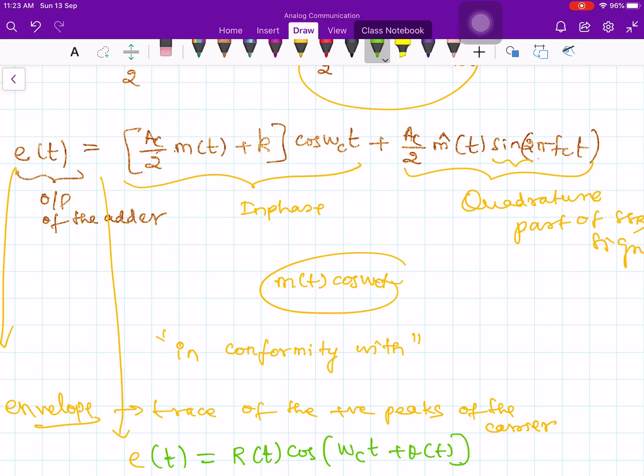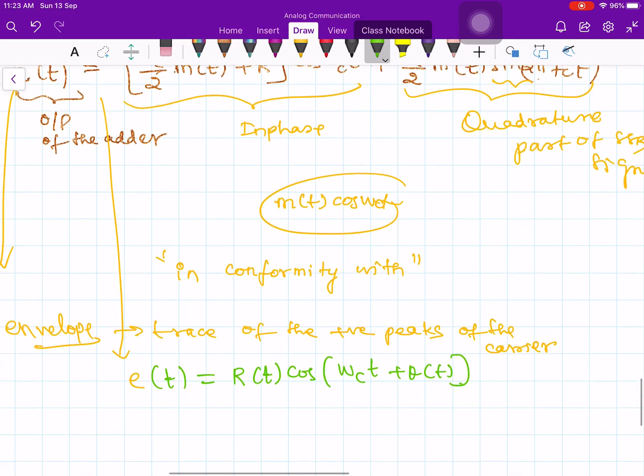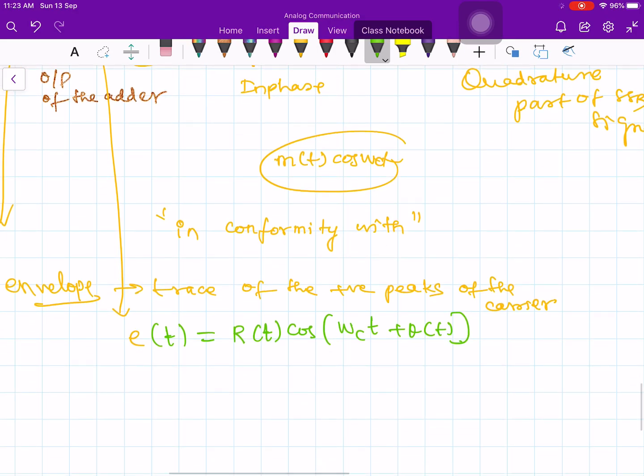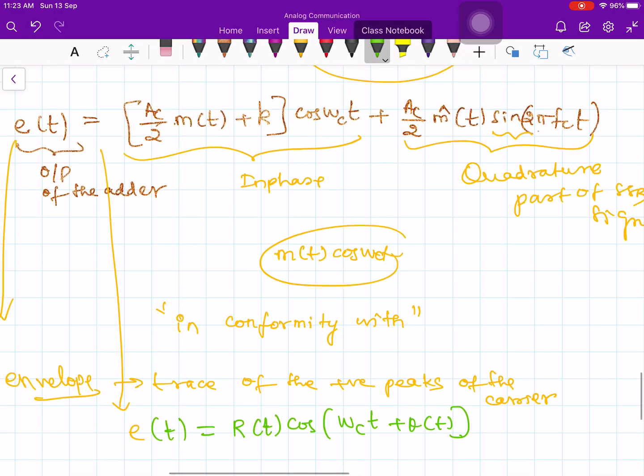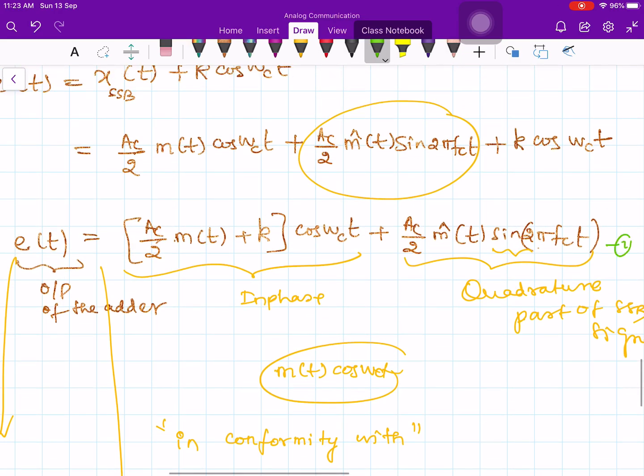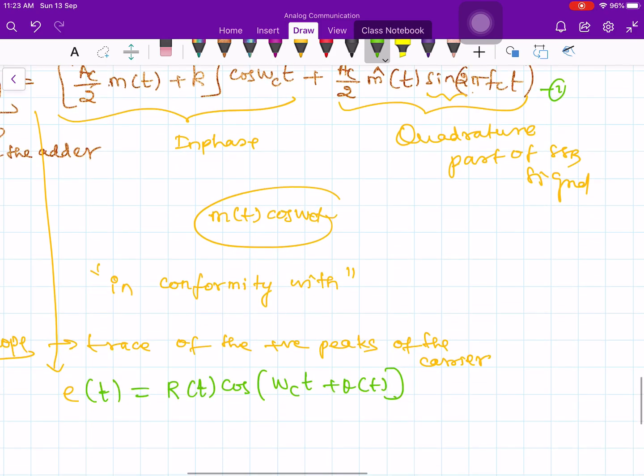Using some simple trigonometric techniques, you can find this. Let me call this equation number 1 and this equation number 2. From 1 we can write 2, to identify the envelope very easily. So equation 1 can always be written in the equation 2 form using trigonometric identities.